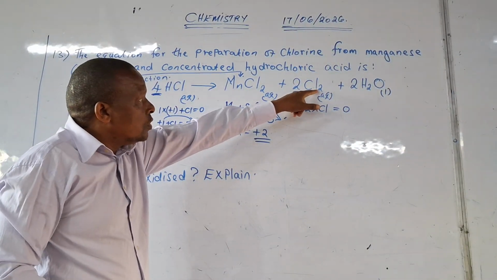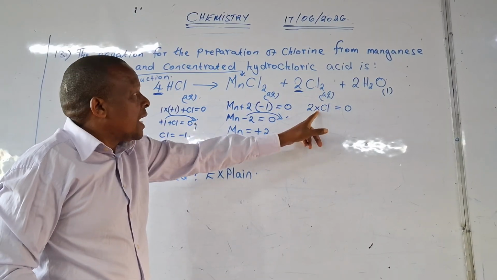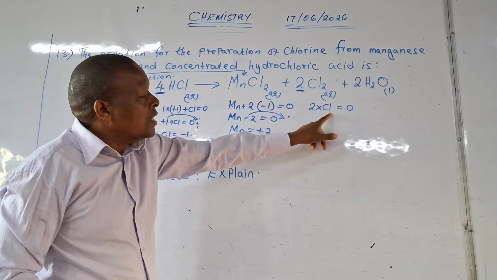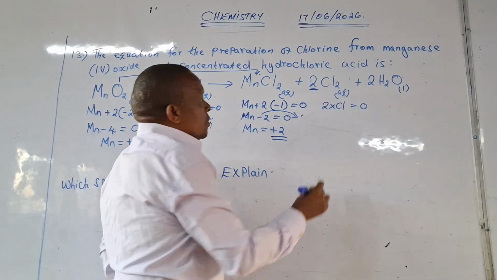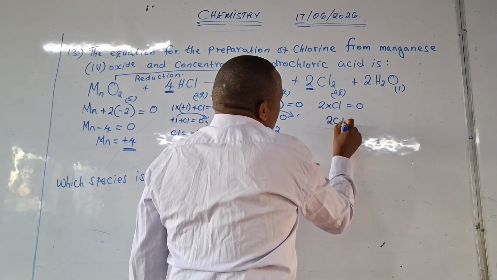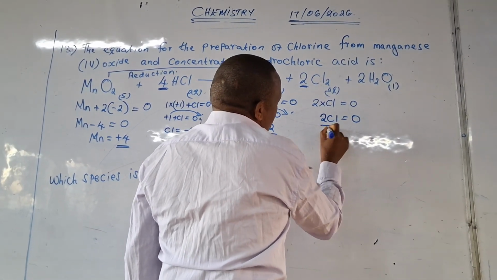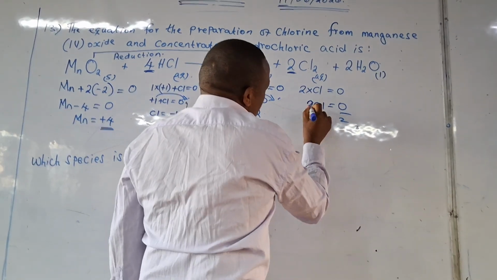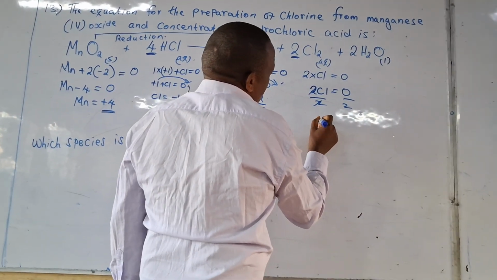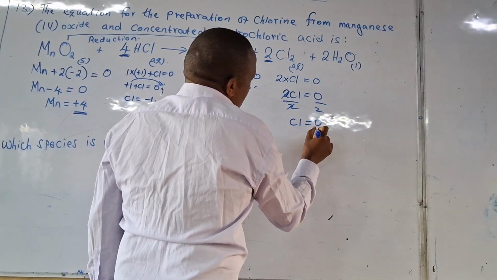These 2, not this one, these 2 times the oxidation number of chlorine should give us 0. So 2 chlorine is equal to 0. You divide by 2. Chlorine is equal to 0.